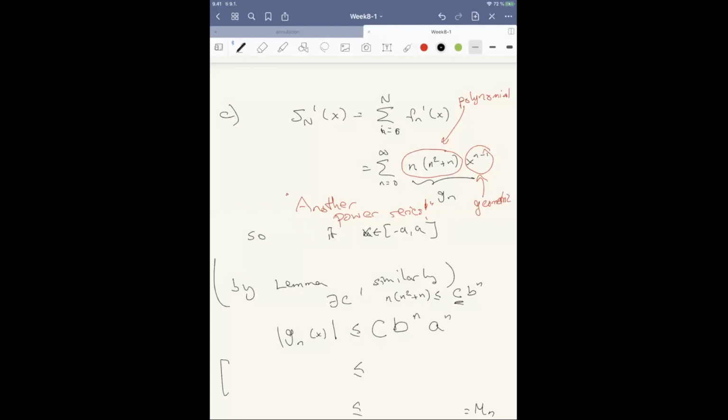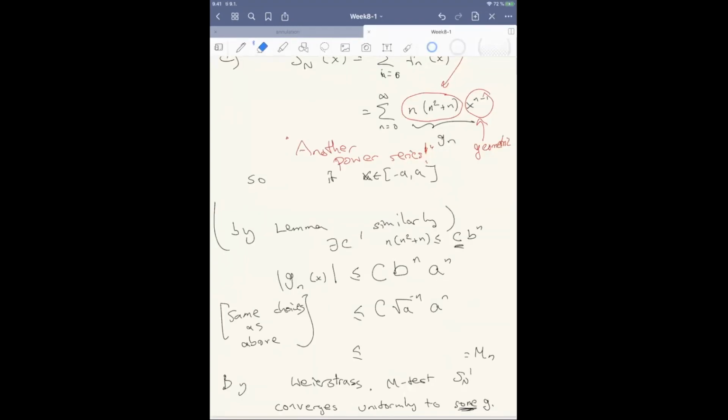So here are the same choices as above. This was c square root of a to the minus n, a to the n. And this gave us, this is equality, so c a to the n over 2.